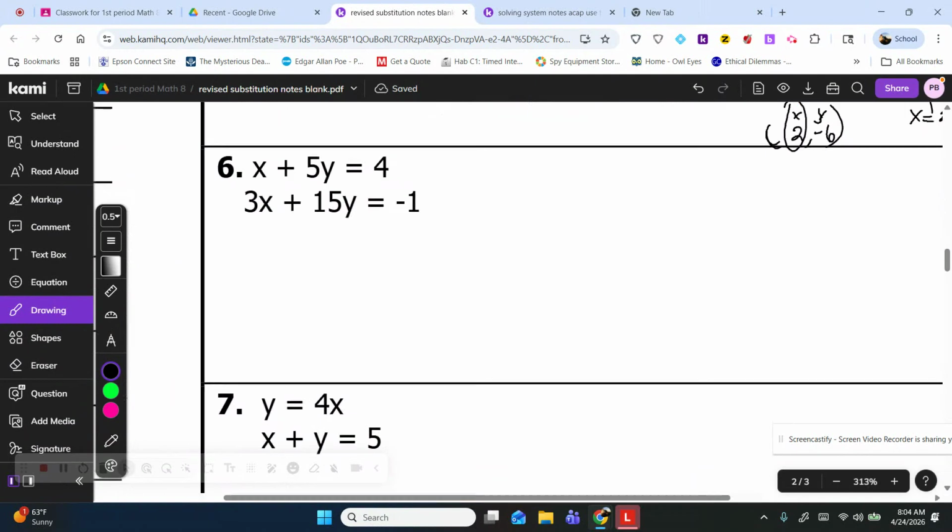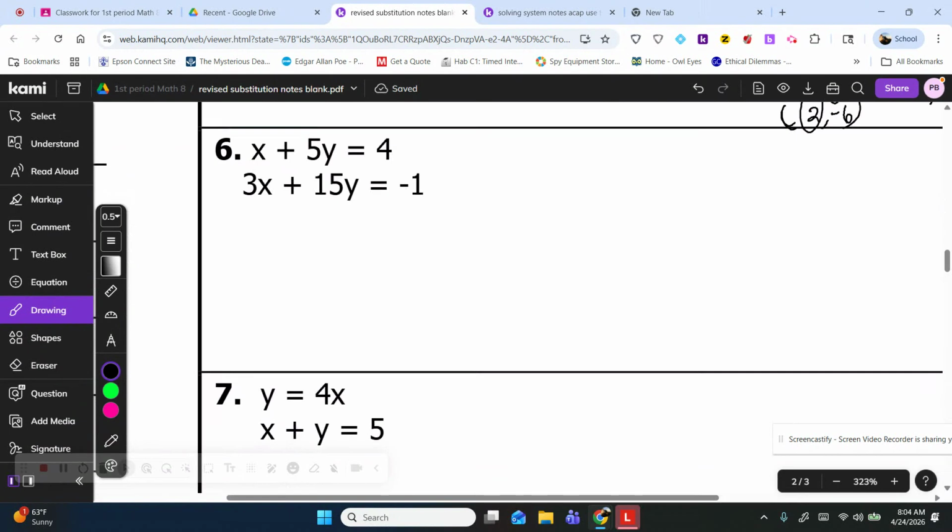Alright, let's look at number 6. Which equation are we going to start with? The first one. Alright, who's going to be the teacher?